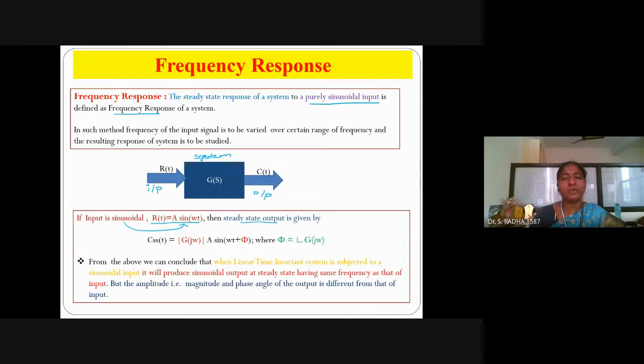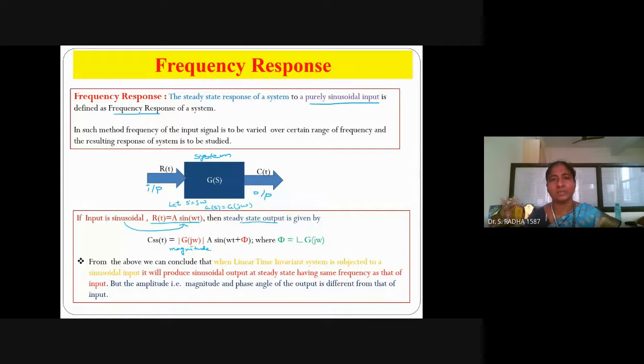And whenever we have G of s as the transfer function, so when you put s equal to j omega, the G of s can be written as G of j omega.